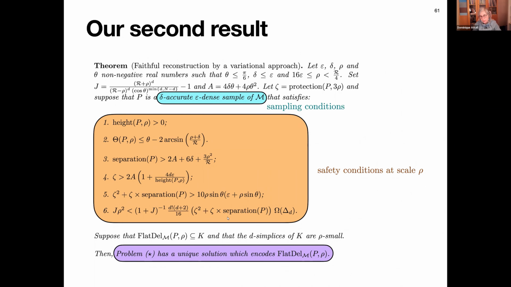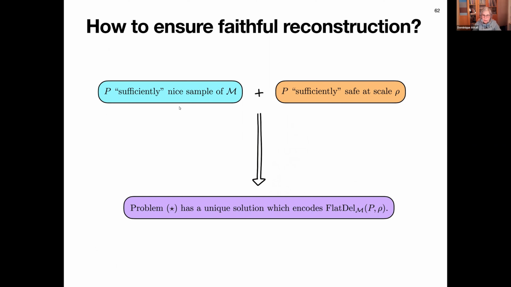The safety conditions are slightly more complicated, but that was what we were able to do. In a nutshell, we take a point set P that samples M sufficiently nicely and that is sufficiently safe at scale ρ. And this minimization problem has a unique solution which encodes the flat Delaunay complex.